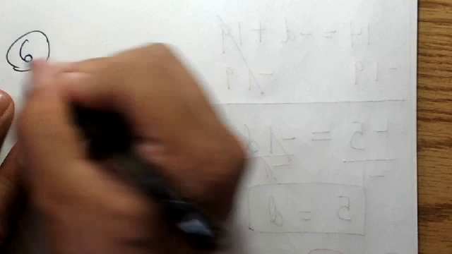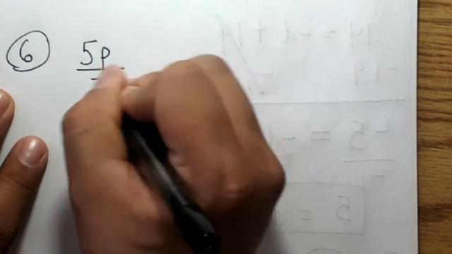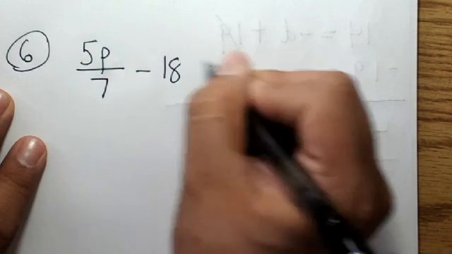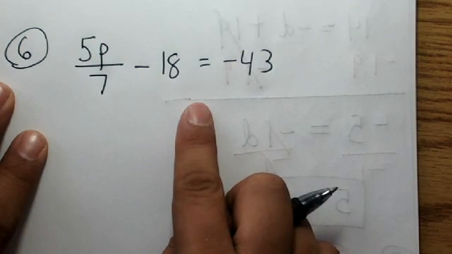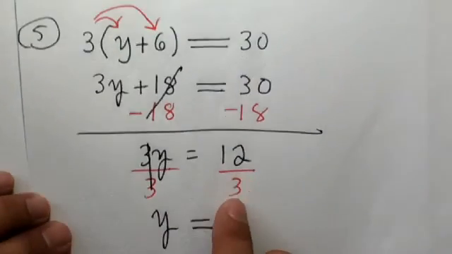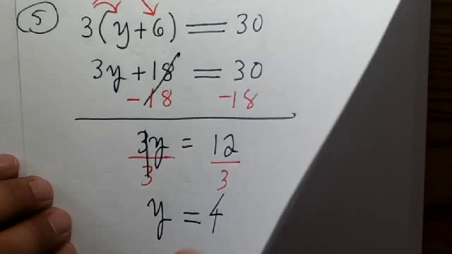Okay. Number 5. Number 6. 5p over 7 minus 18 equals negative 43. Was there any question on number 5? No. Are we good?